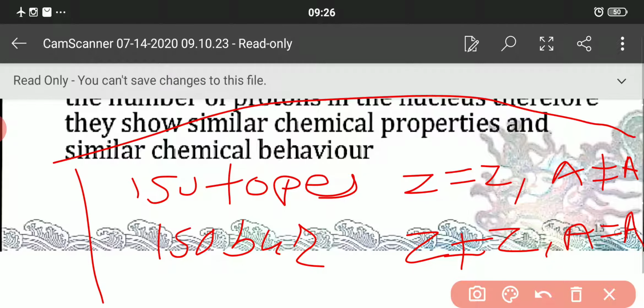If two elements have the same atomic number but different mass number, then they are called isotopes of each other. For isobars, if two elements have different atomic numbers but the same mass number, then they are considered isobars. Okay, hope you understand well.